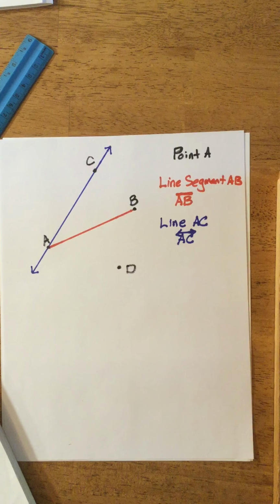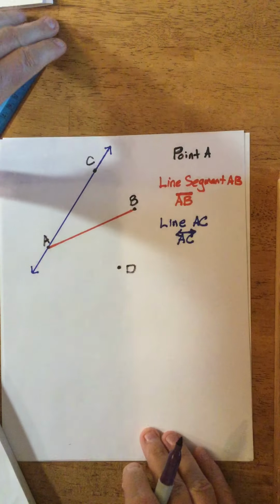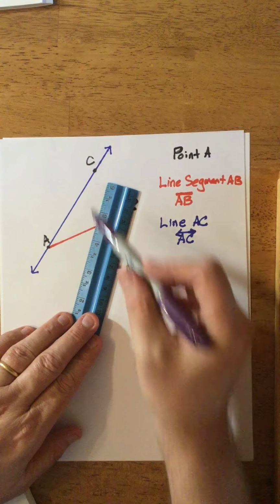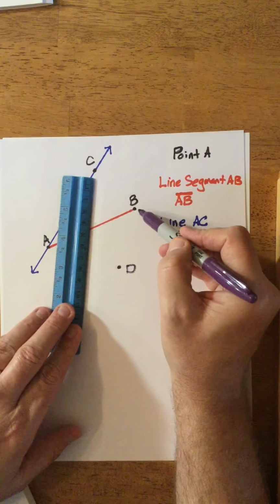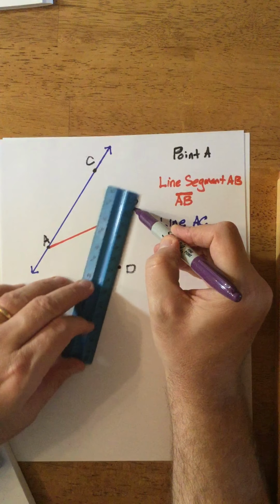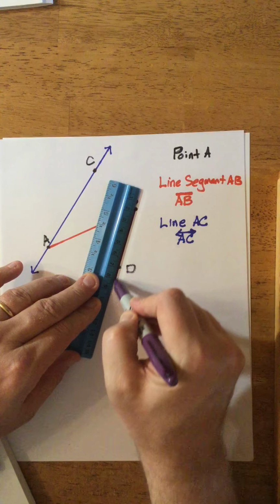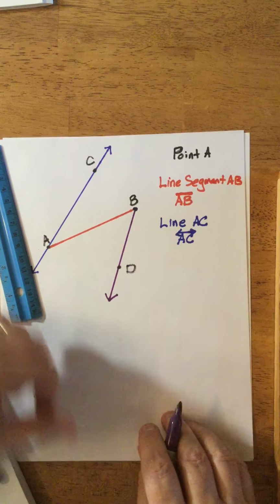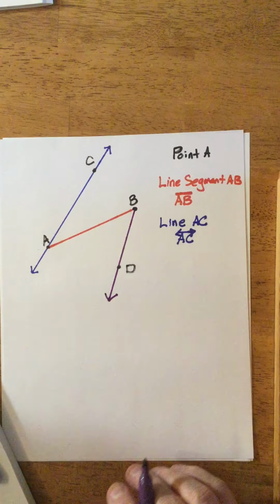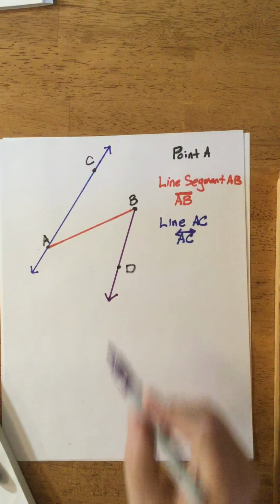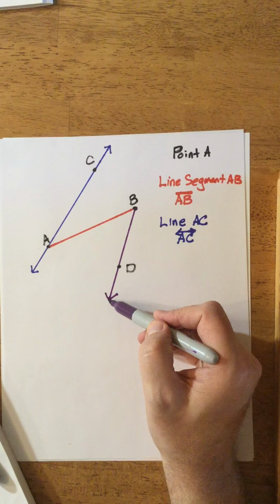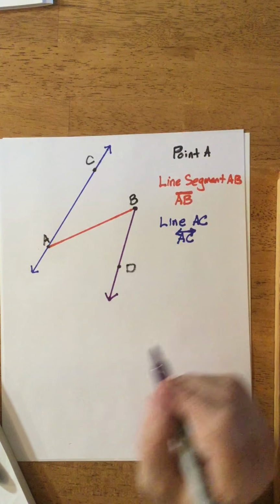And I am going to use a different color here, get my straight edge. But this time I'm not going to extend it past both points. I'm going to start it at point B, and I'm going to go through point D here and extend that in that direction. So now it has a beginning, and it goes on in one direction really forever.